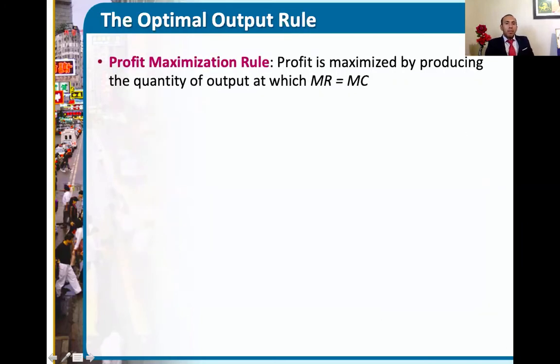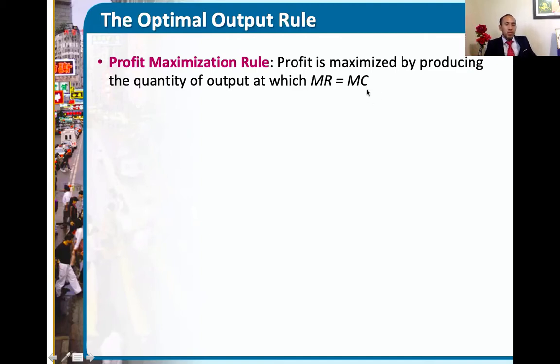So what are the profit maximizing conditions for a price-taking firm? In perfect competition, we have an optimal output rule. The optimal output rule is that a firm's profit is maximized by producing the quantity of output where the marginal revenue, MR, for each additional unit produced, is greater than or equal to the marginal cost, the cost of additional units.